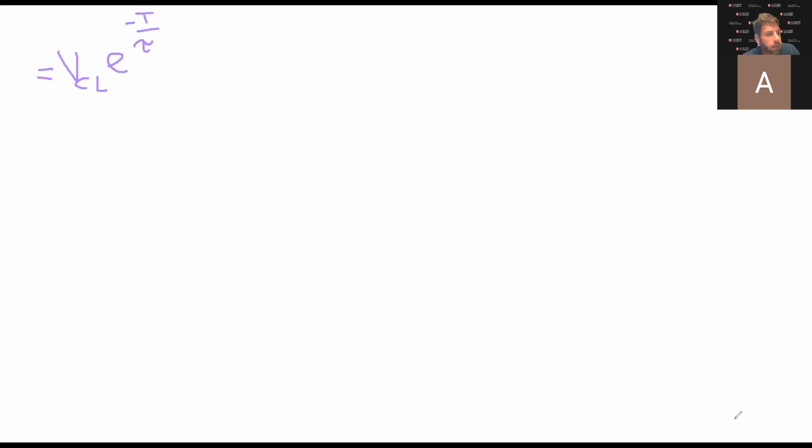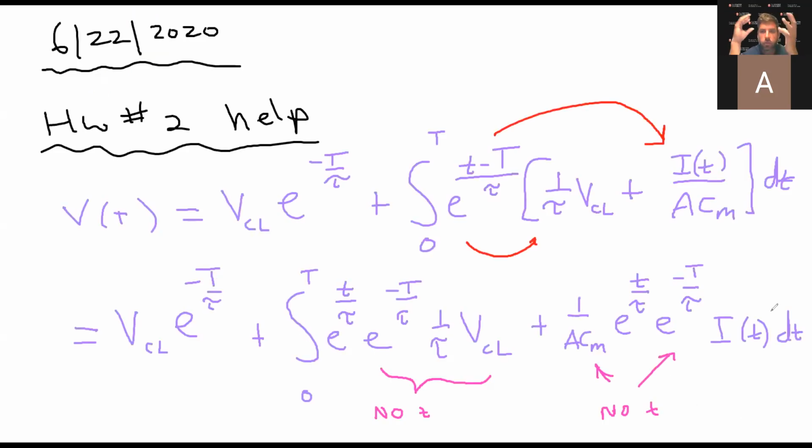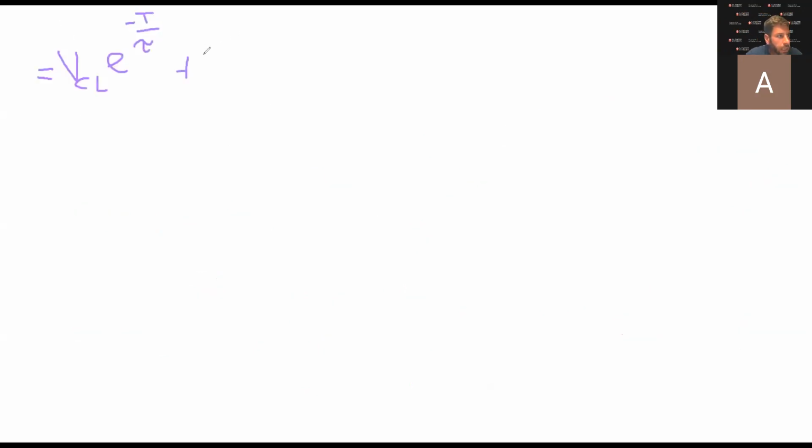But what I'm going to do now is take this big integral that has two terms in it and write it as two integrals to make it a little easier. So I'm going to pull all those constants out. I'm going to pull out the e to the negative T over tau.